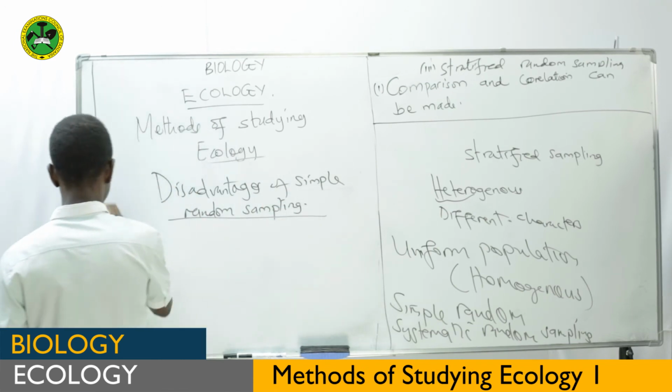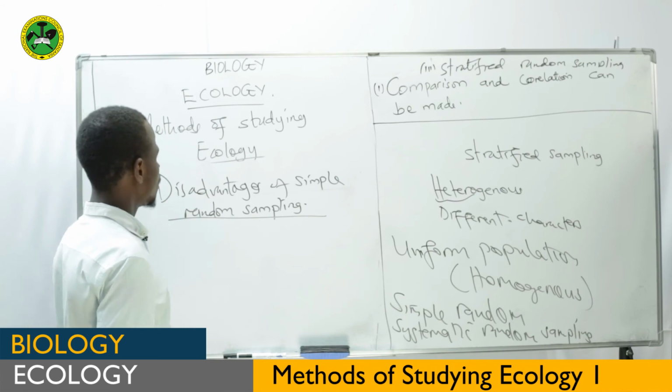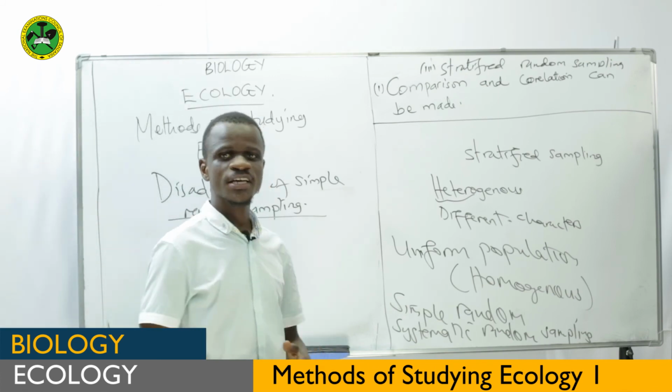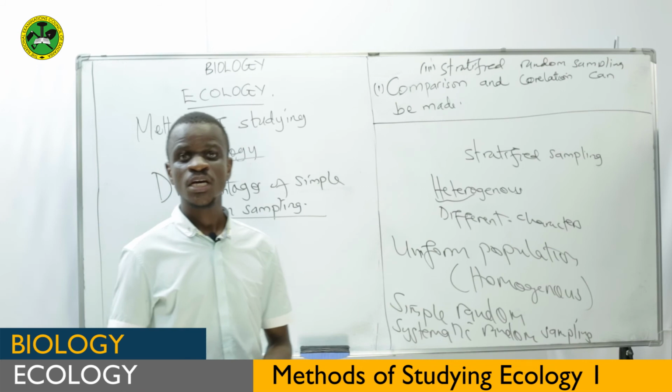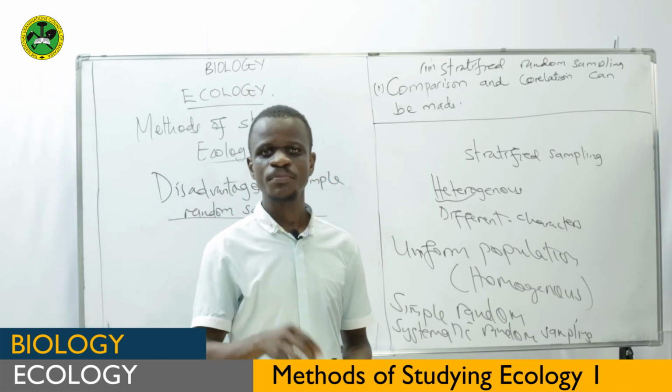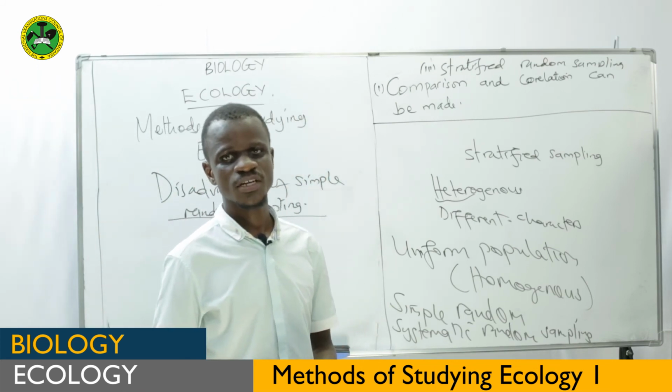What are the disadvantages of this? At the beginning I said in simple random sampling, every member in a population has an equal chance of being selected.